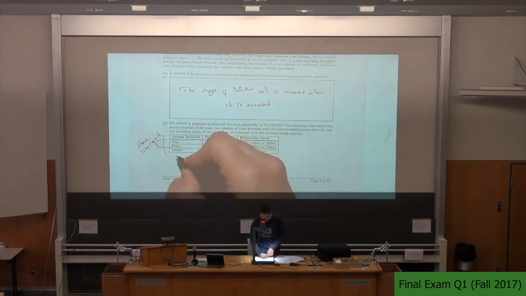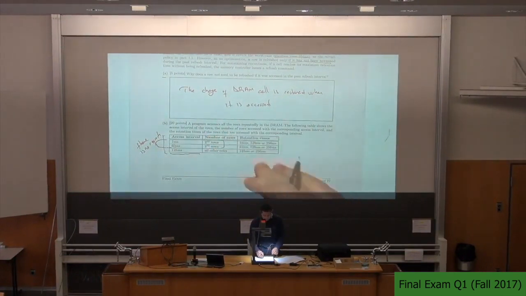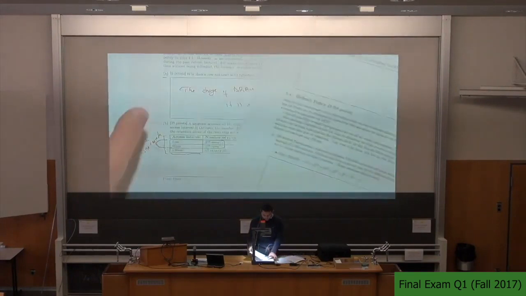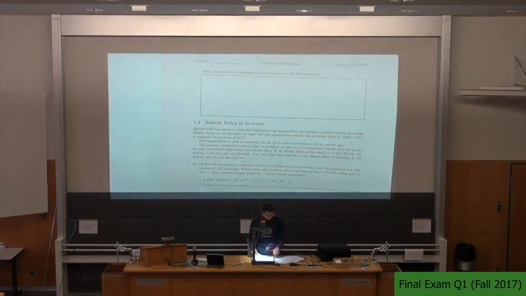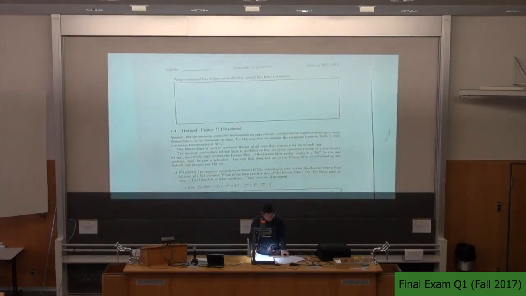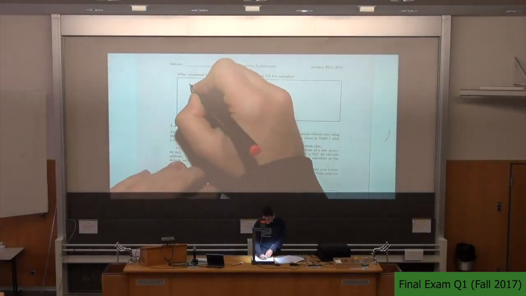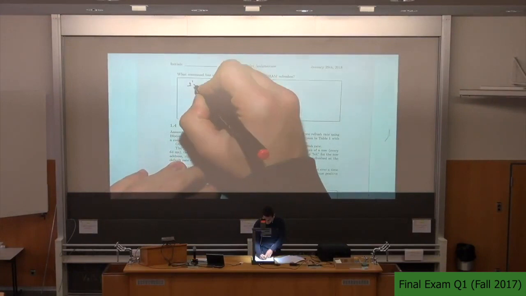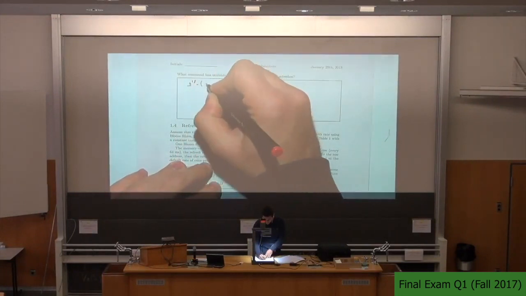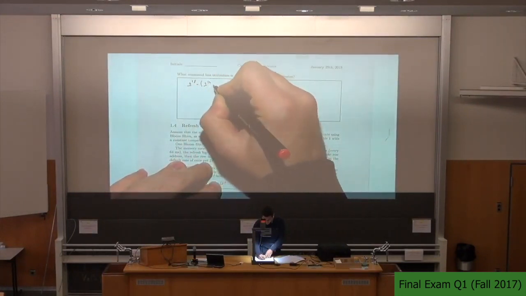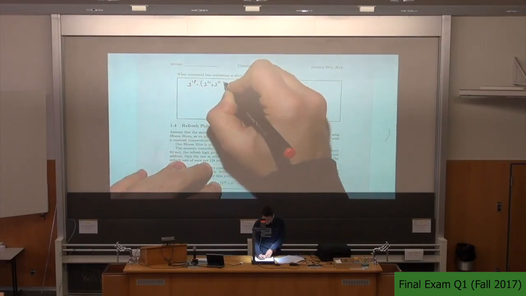But for this one, we can calculate it. So let's do it. The number of rows left here is 2 to the 18 minus 2 to the 16 plus 2 to the 16.